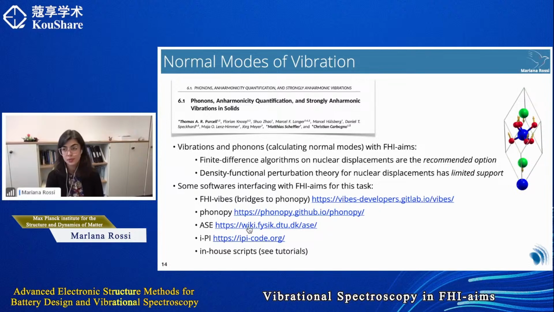You can do it also through ASE, which also has an interface to FHI-aims as a calculator, as many of you might know. The i-PI code can also do that through sockets, or in-house scripts, of which you will see one example in the tutorial that can really get you the whole infrared and Raman intensities by an in-house script that connects everything. That we'll see in the tutorial tomorrow, right?